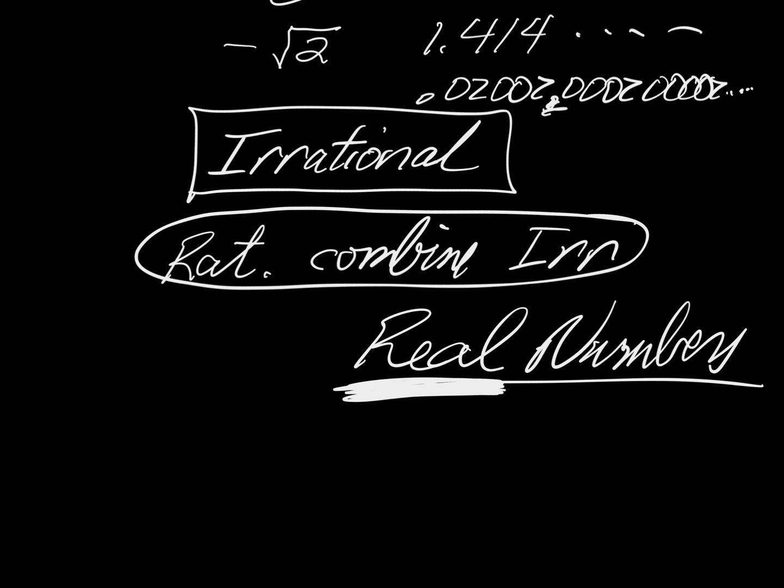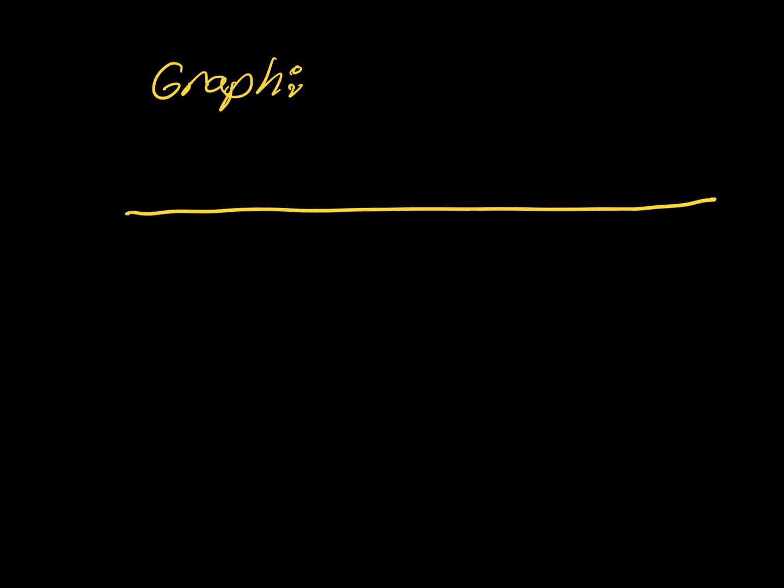Okay, next thing. So this is a pretty quick portion right here. Next thing is that you want to be able to graph all these types of numbers on a number line. Now, you've probably seen this before, but I want to remind you. If I'm drawing a number line, I'm just going to put 0. And then I make a distance, and I call that distance 1.